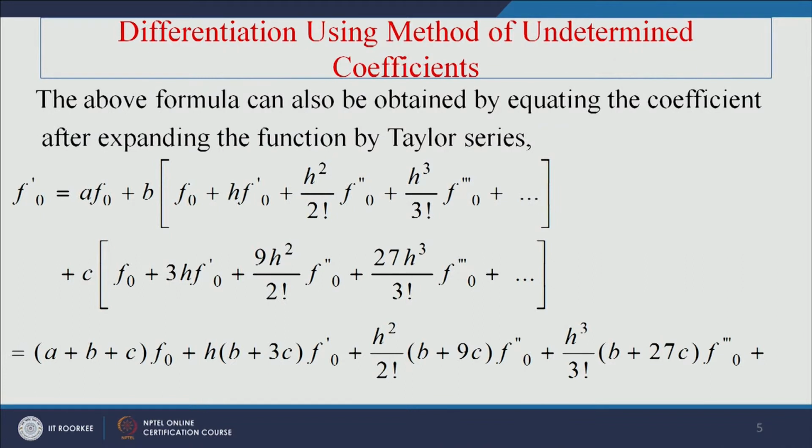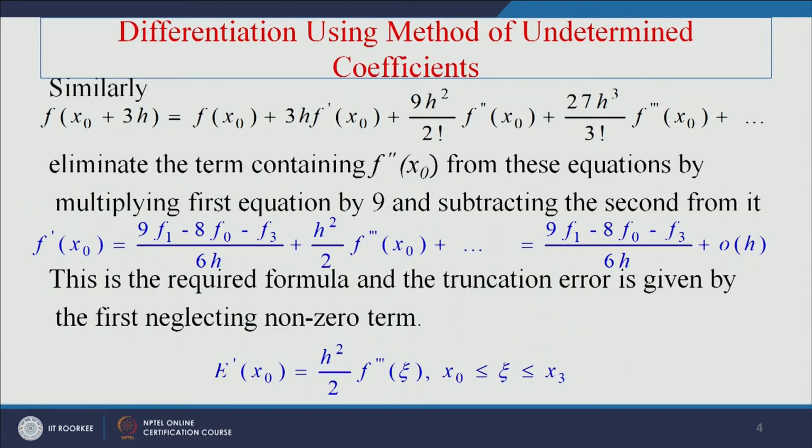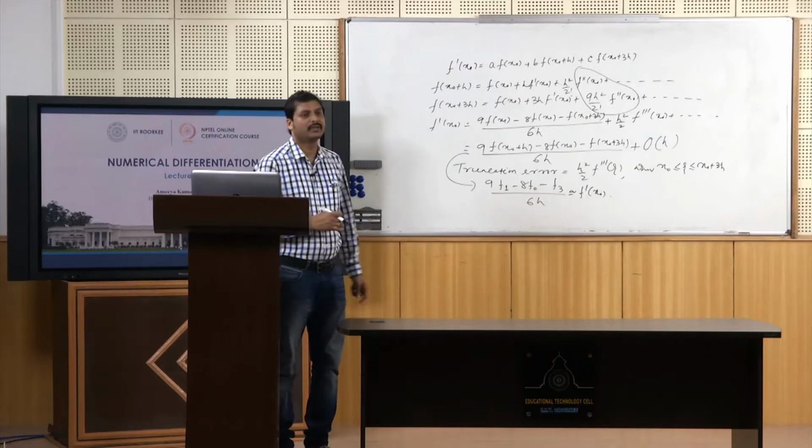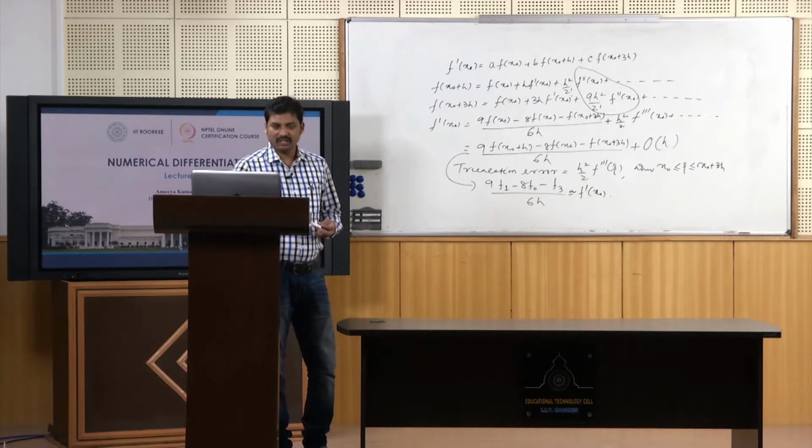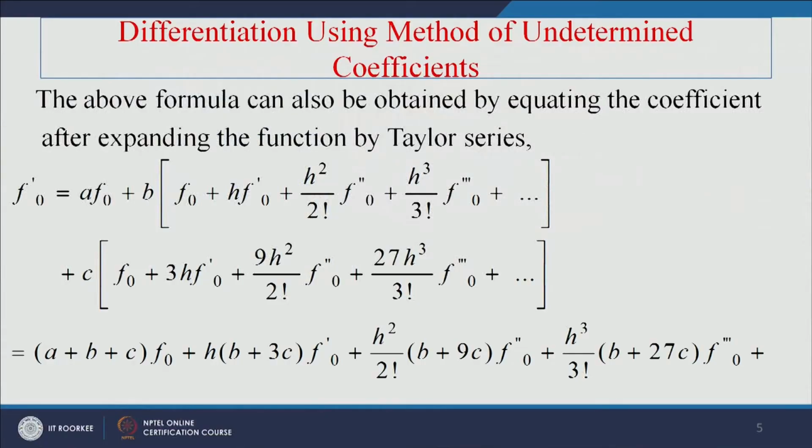But in this form, (9f1 - 8f0 - f3) / 6h, we have to consider that the step size h should be small, so the higher powers of h can be neglected. If we go for this other method of determining the coefficients, we expand by Taylor series.